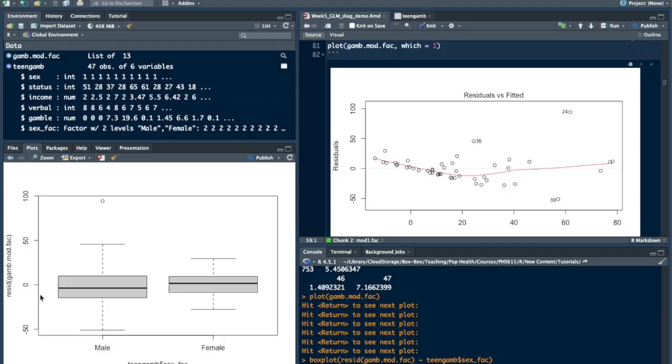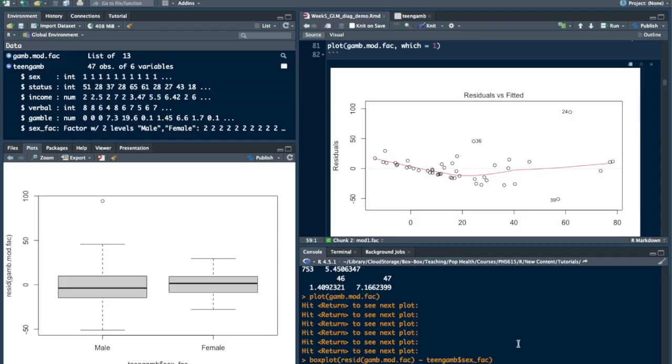Plotted on the box plot are the distribution of the model residuals for males versus females. So we see another potential violation here, that there is not constant variance in residuals across males and females. So there seems to be some relationship perhaps between model residuals and sex. That's not great. And this is telling you that the range of gambling expenditures is larger for males than it is for females.